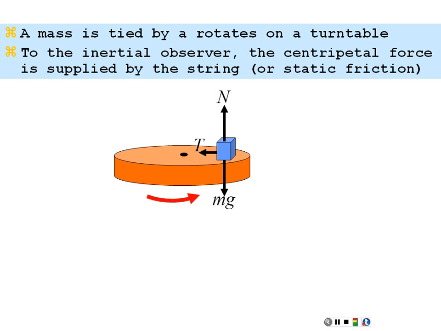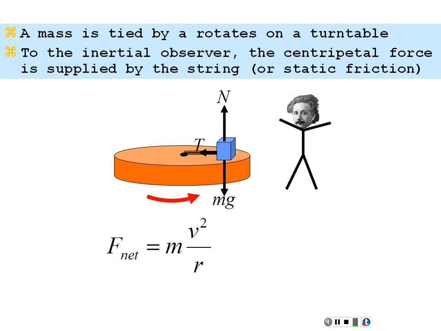So static friction is supplying the tension or the friction that will allow it to maintain itself on the turntable. So you would say that your centripetal force is that static friction, or designated by T in this case, that is allowing this block to stay on the turntable.